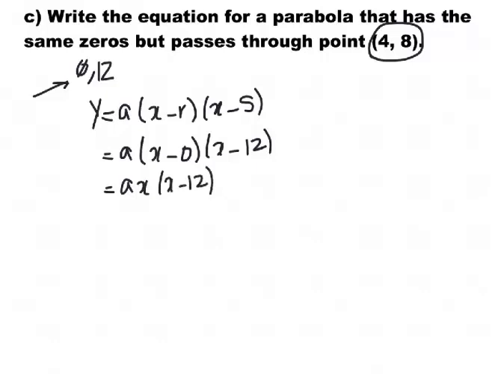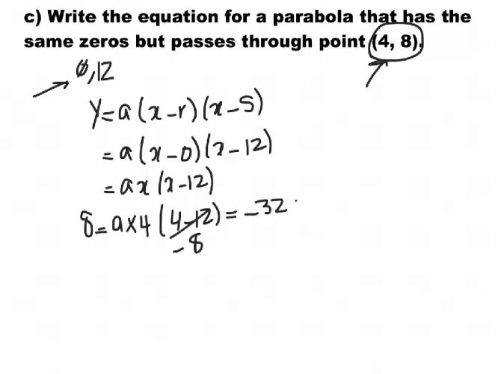Now the only problem we have is the a value, but to find the a value I need another piece of information, which is this one. So when x is 4, y is 8. So 8 is equal to a times 4 times 4 minus 12. Here I get 4 minus 12 is negative 8. 4 times negative 8 is negative 32a.